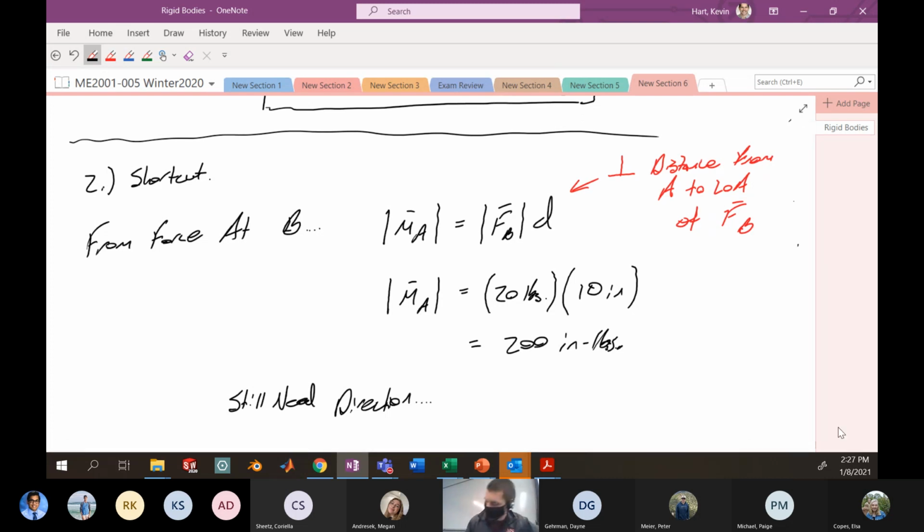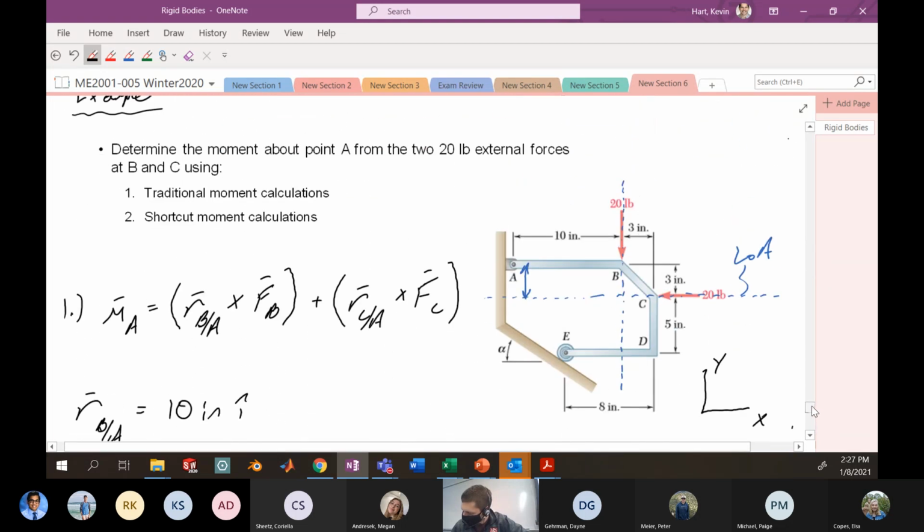So for my directionality, I'm going to use the right-hand rule, and still think about standing at this point A, sticking my arm in the direction of the force. So if we all pretend that we're standing on this beam at point A, pretend that you're a guy with your head here, or a girl, don't want to be discriminatory here.